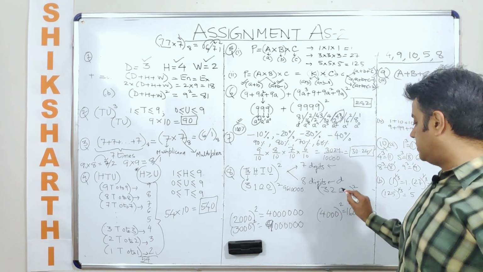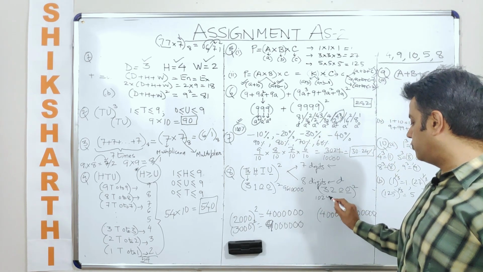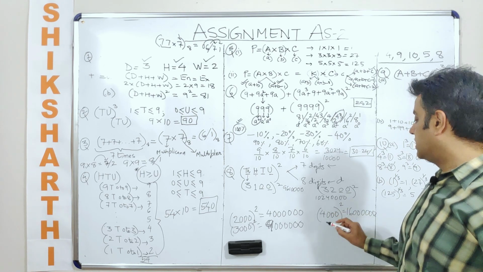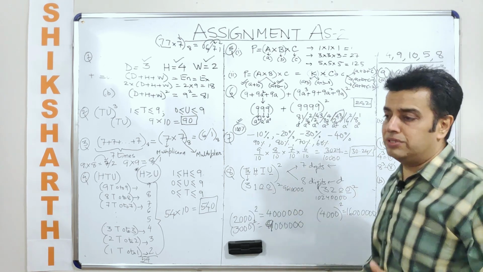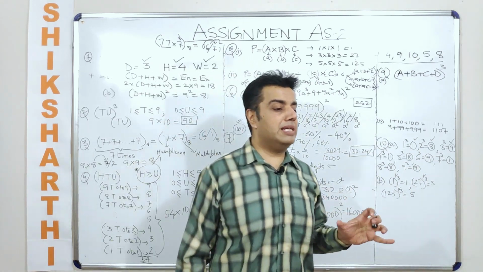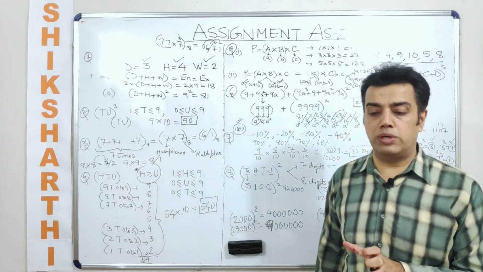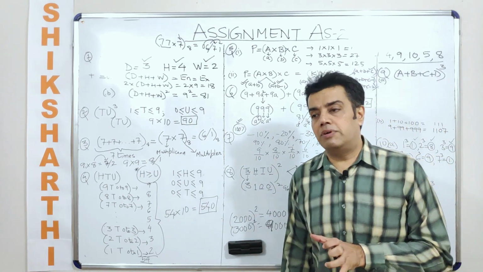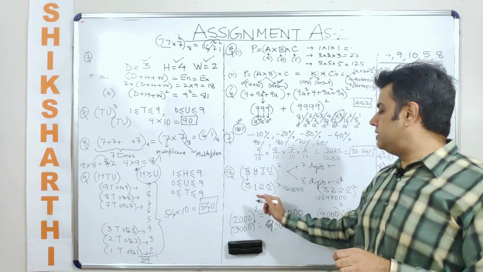But if I take 3200, this will be 1024 followed by 4 zeros. That means the number that I'm supposed to form here will be between 3100 and 3200. Once you have done this, then you further need to introspect.